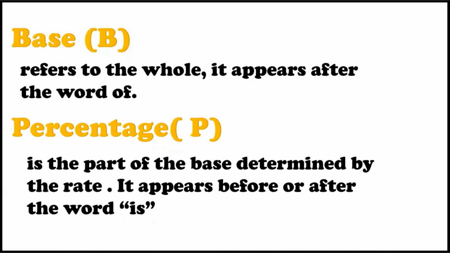Percentage naman natin, it is the part of the base determined by the rate. So, yung dinetermine sa rate, yun yung base, no? So, it is the part of the base. So, parte siya ng base na dinetermine doon sa rate. It appears before or after the word is.